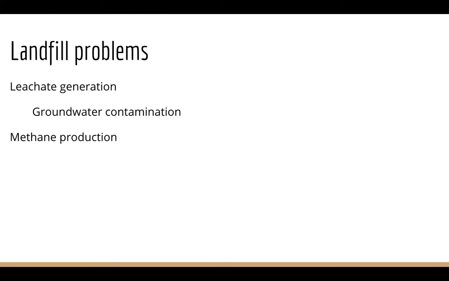Methane is highly flammable, so if it accumulates and is somehow ignited, it could lead to explosions. It can also seep to the surface and kill vegetation. It's a really potent greenhouse gas, so if it leaks out, it causes those kinds of problems. There are ways to collect it and use it as fuel, so we'll talk about that next.